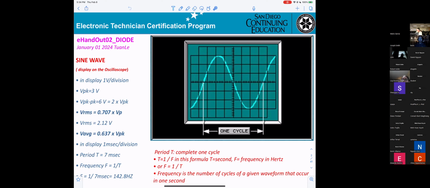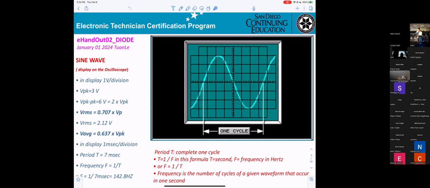Now in here, they say the display is 1 volt per division. So if you want the volt peak to peak, can we do the calculation? How many divisions? You can count 1, 2, 3, 4, 5, 6. 6 divisions, and each division will be 1 volt.